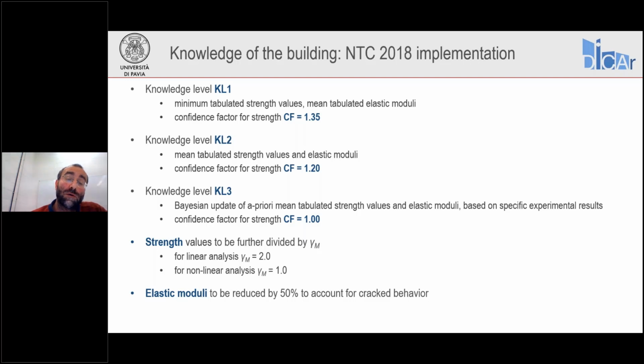If we perform non-linear analysis instead, we can use a gamma m factor equal to 1.0 for material strength. Usually, according to both Eurocode 8 and NTC 2018, we should reduce the elastic moduli values by 50% to account for cracked section conditions.